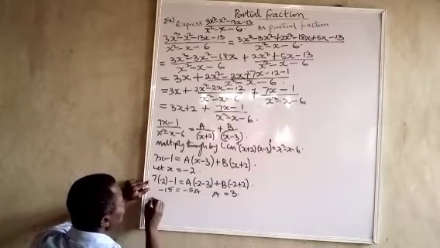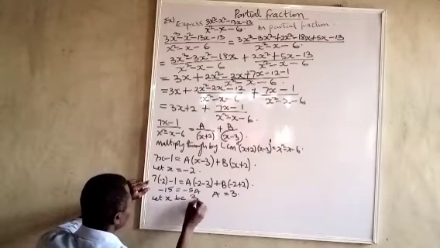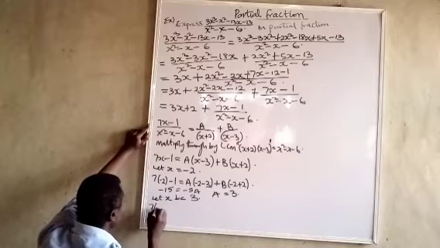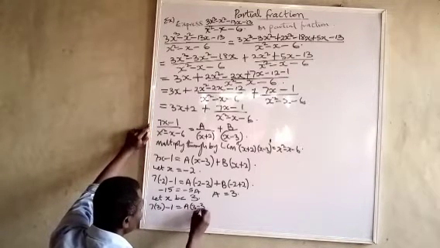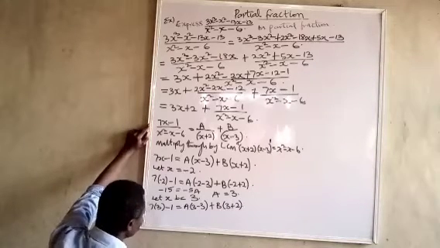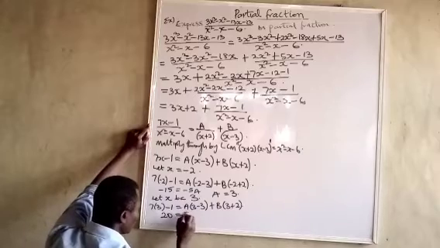Now, let's make x be 3. Let x be equal to 3. So, I have 7 into 3 minus 1 is equal to A into 3 minus 3 plus B into 3 plus 2. This is 21 minus 1, that's 20. This is 0 plus 5B.